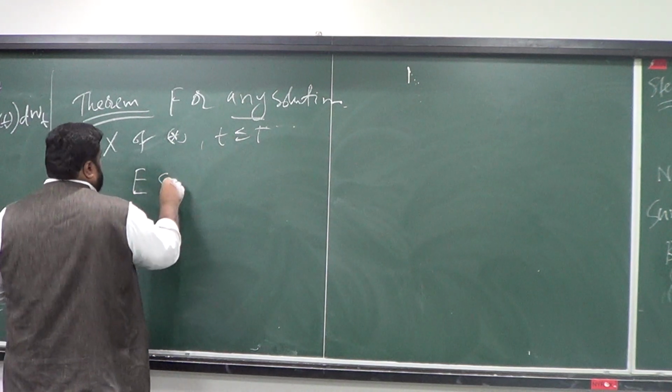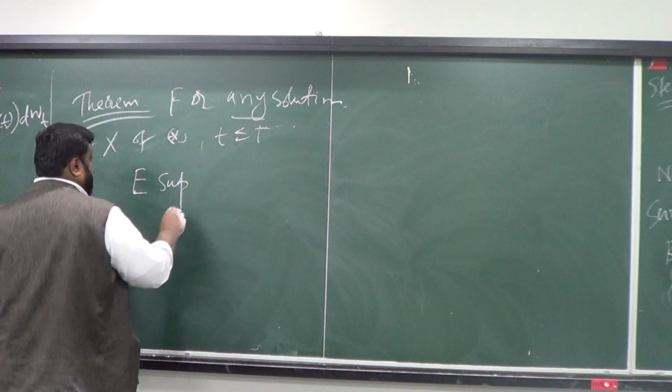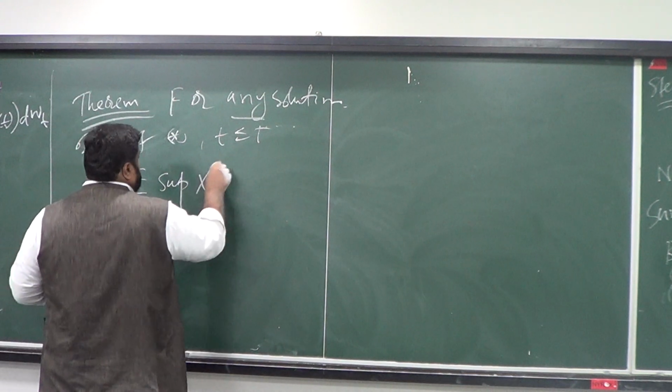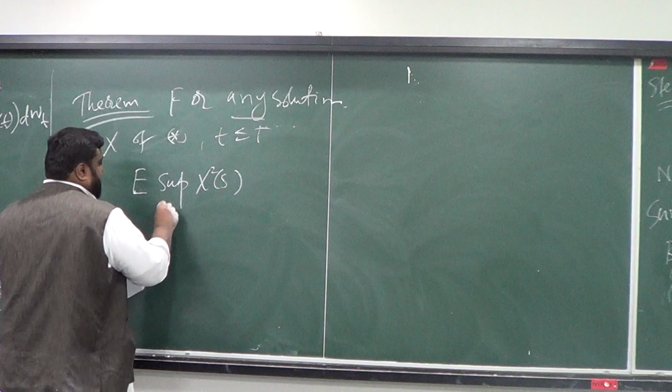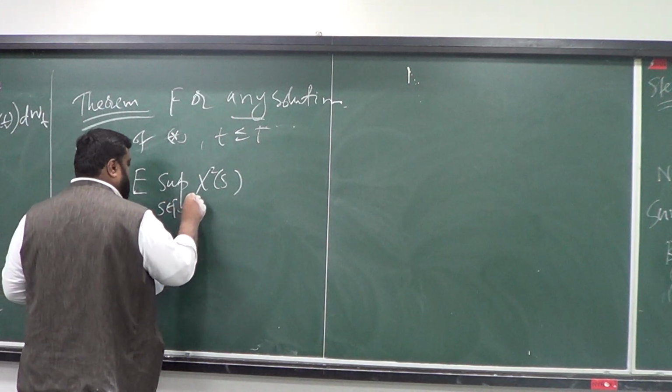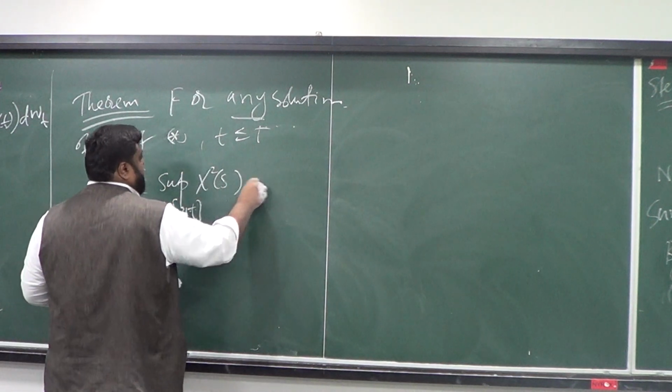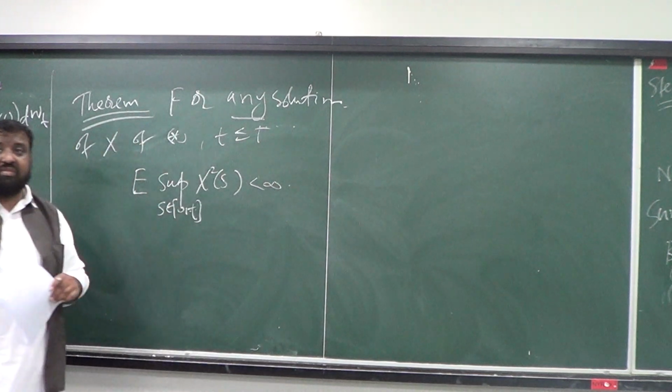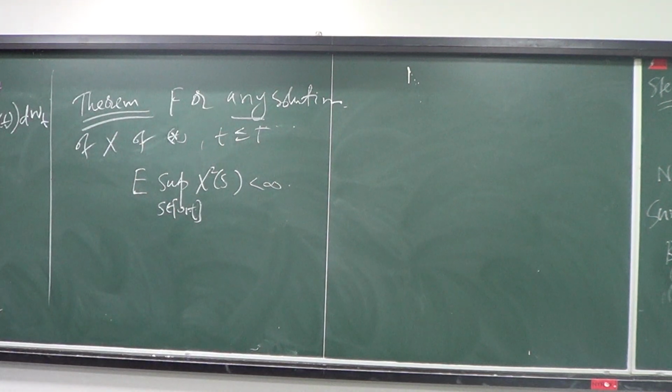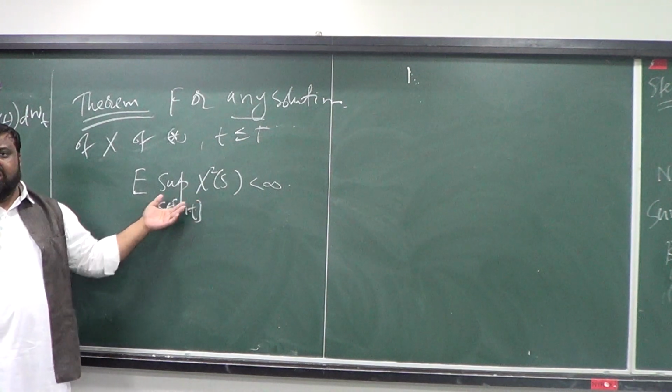This is a very useful estimate. So expectation of the supremum of x square of s, where s is in the interval 0 to t, is finite. Okay? So that's really a uniform estimate. Remember?